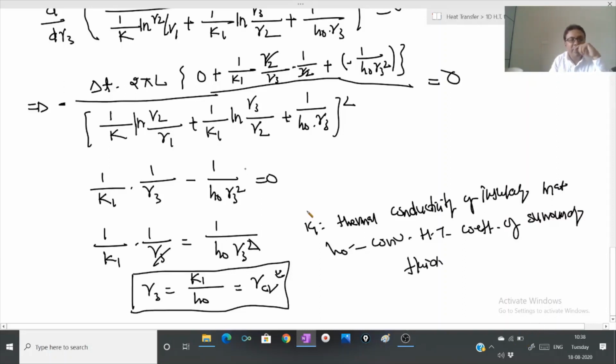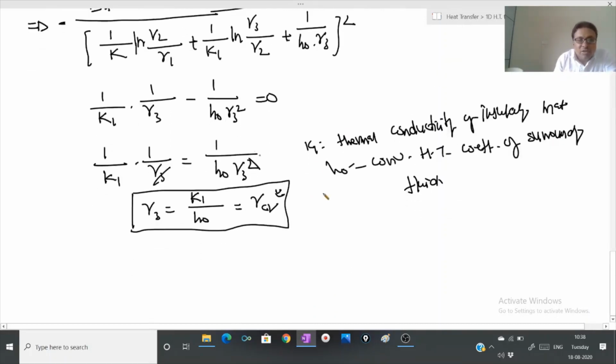So the value of critical radius of insulation depends upon the thermal conductivity of the insulating material and the convective heat transfer coefficient of the surrounding air. So I can also say that the critical radius of insulation for a cylindrical surface is nothing but k1 upon h0.